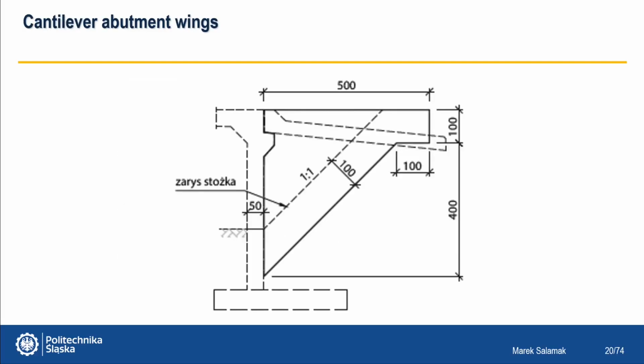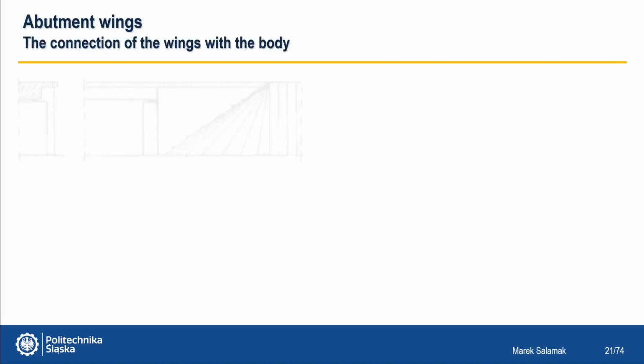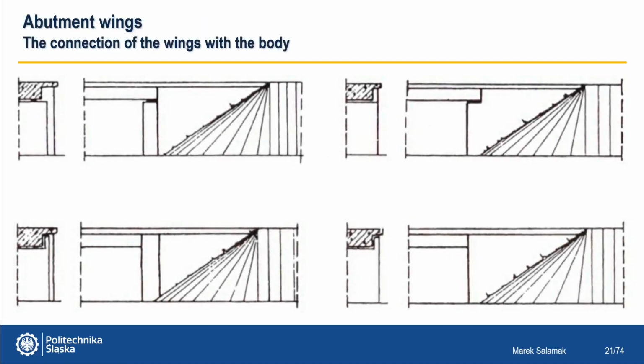Here, however, we have a wing fully cantilevered to the abutment body. In this case, it is a frame bridge without a bearing. The wings can be connected to the body of the abutment in different ways, and here are some examples. In the upper ones, the bearing bench and the bearings are exposed.